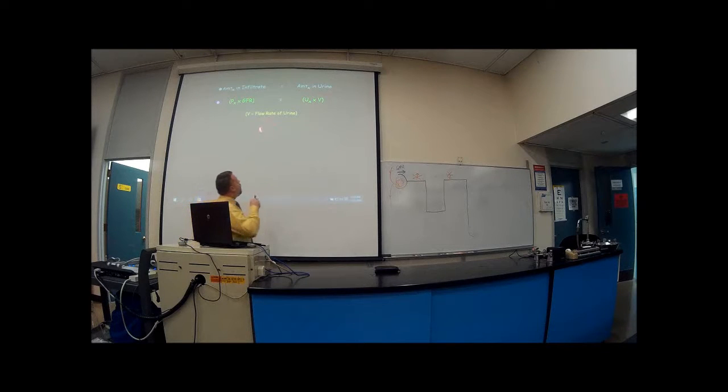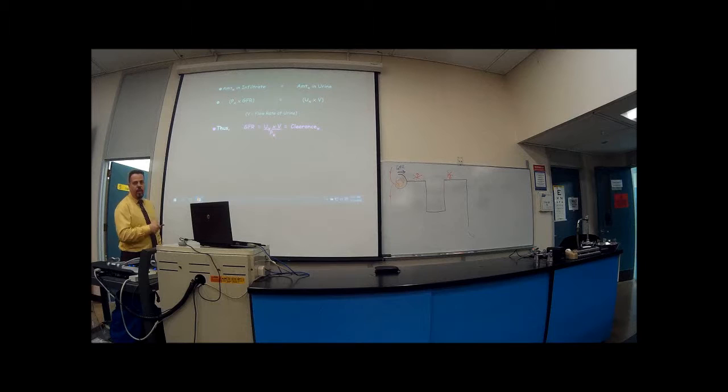and the V stands for the rate of urine. These letters, P and V, are arbitrary, but that's what they use in all the medical books, so we might as well use the same things. We can rearrange this through algebra. So we could have UV, and then we divide it by the P over here.